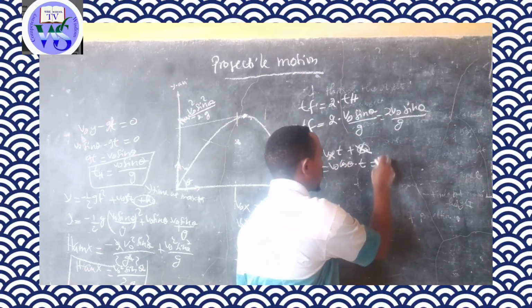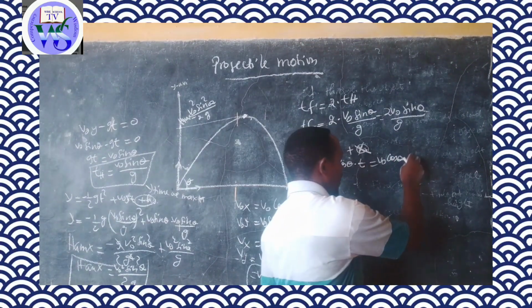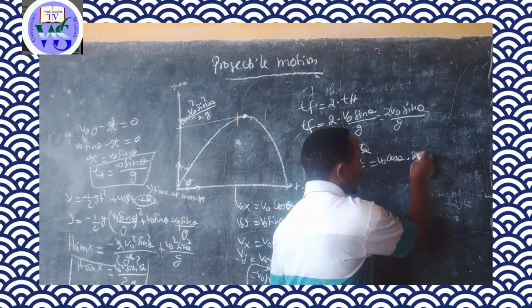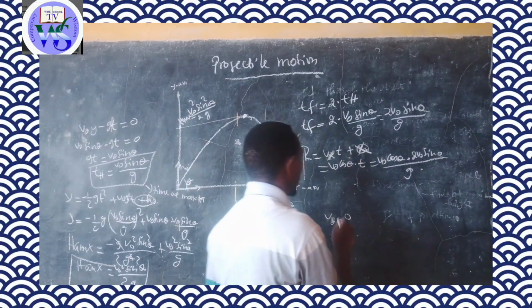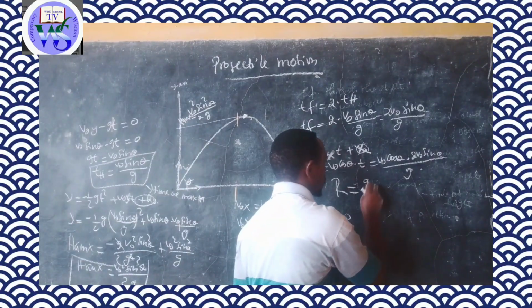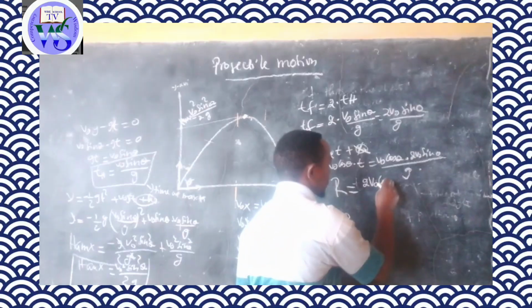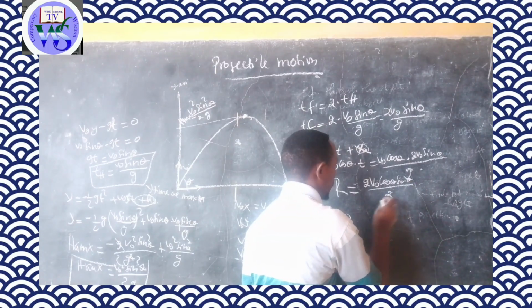So this is equal to v0 cosine of theta times 2 v0 sine of theta divided by g. So range is equal to v0 squared times 2 cosine of theta sine of theta divided by g.